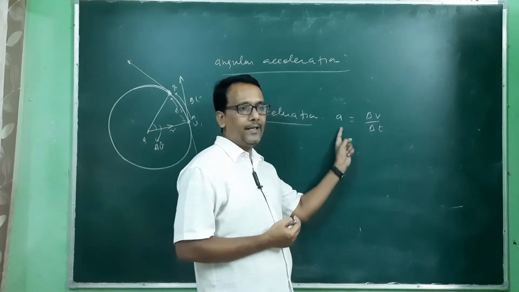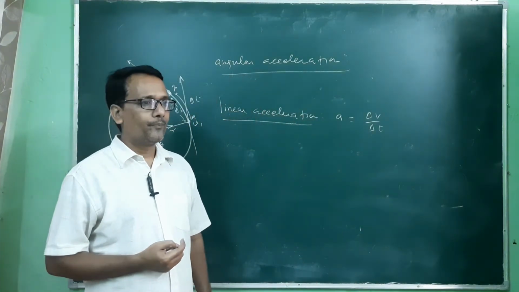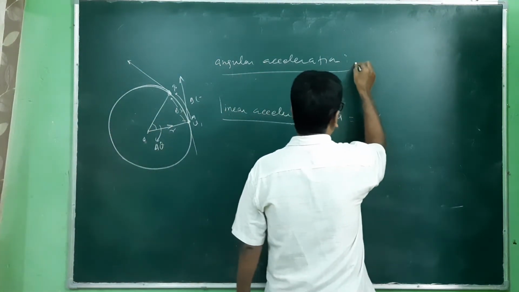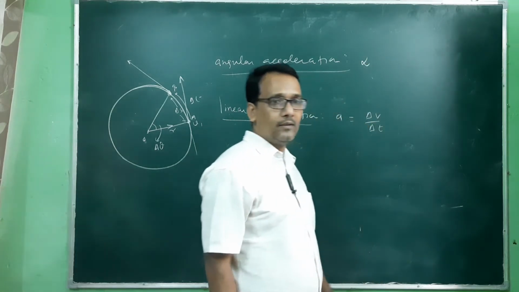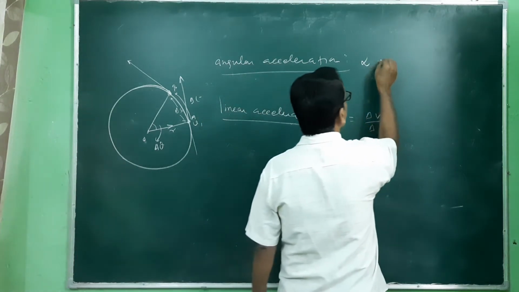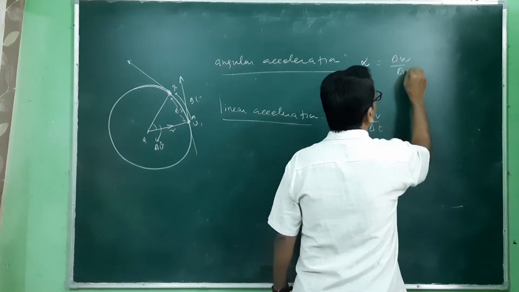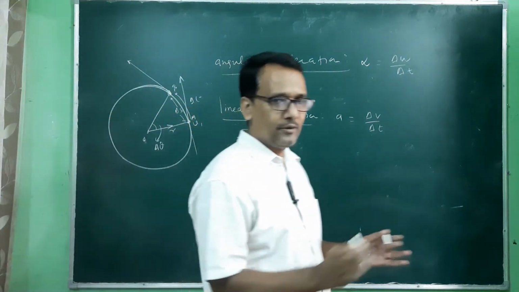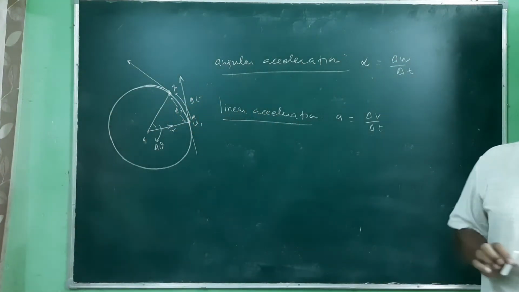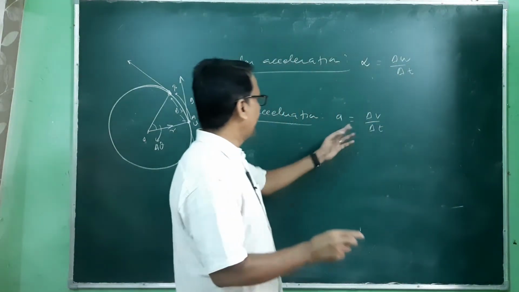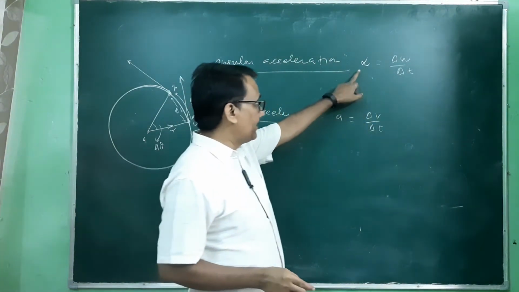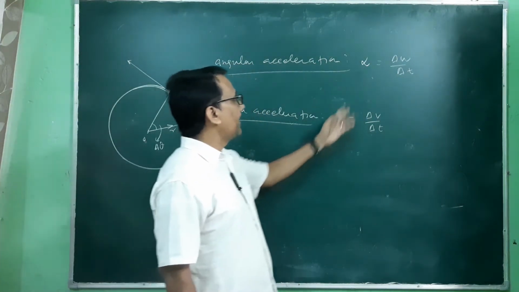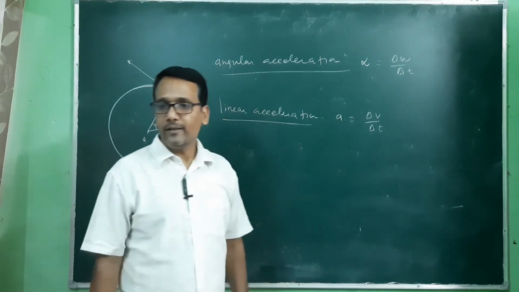So this acceleration a is equivalent to delta v by delta t. But angular acceleration, in a similar manner, is represented by alpha, and is defined as delta omega by delta t. We just have to compare linear with circular motion. So here this is delta v by delta t, and this is represented by alpha, which is delta omega by delta t. So now we can also correlate this alpha and this omega.